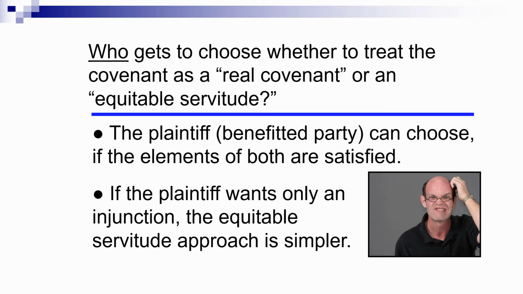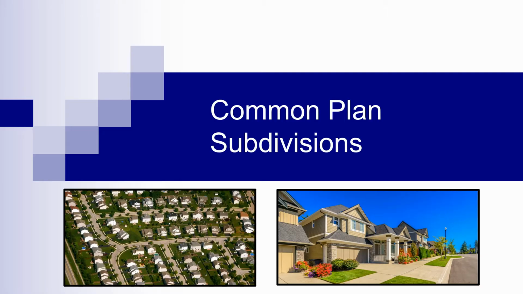Normally, if the plaintiff wants only an injunction, the equitable servitude approach is much simpler, and that's the approach that plaintiffs will use. If they want damages, they've got to go back to the rules for real covenants, and that means that in addition to the other requirements, they've also got to prove both horizontal and vertical privity. That's really all you need to know about equitable servitudes.